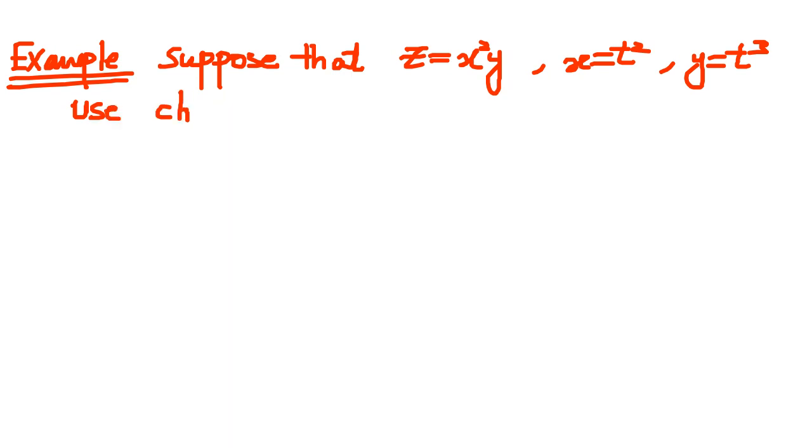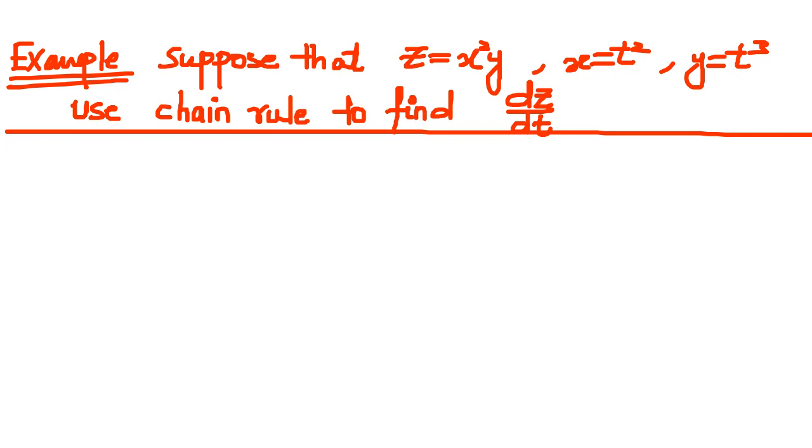Use the chain rule to find dz over dt. Okay, now you should know the formula for the chain rule. What is the formula for the chain rule?